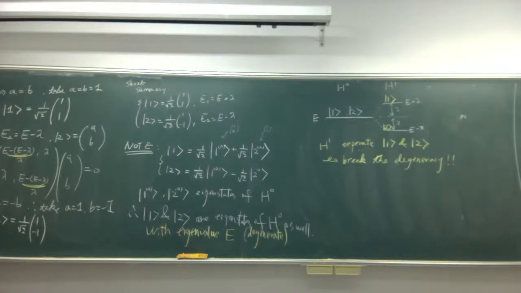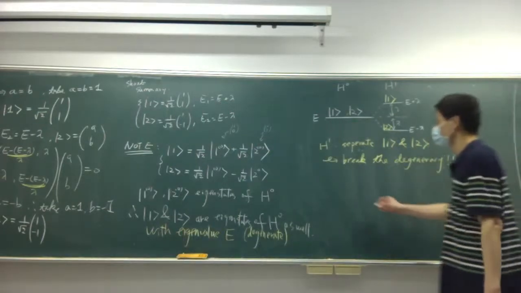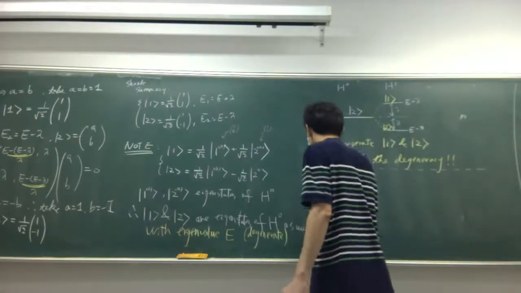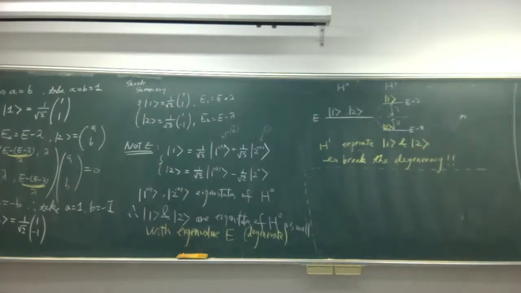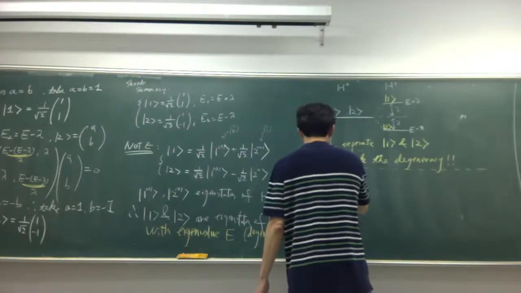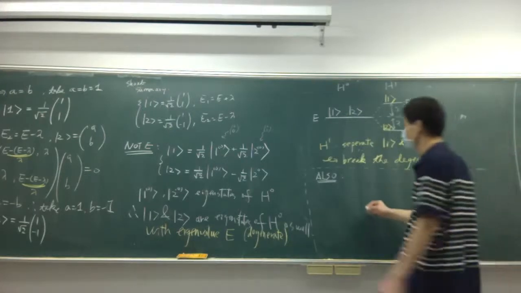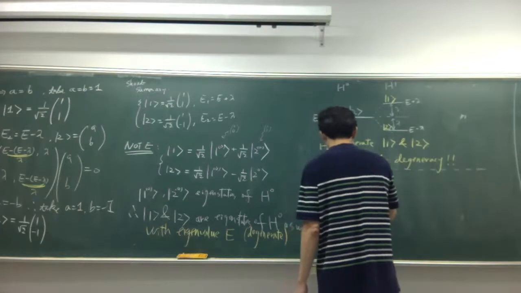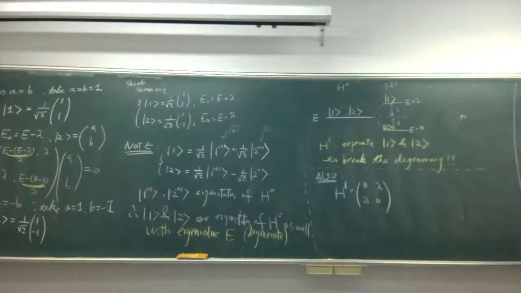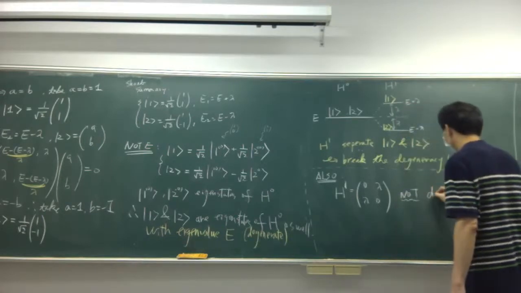Okay. And not only that, also H1 is the matrix (0, lambda; lambda, 0). This is not diagonal.